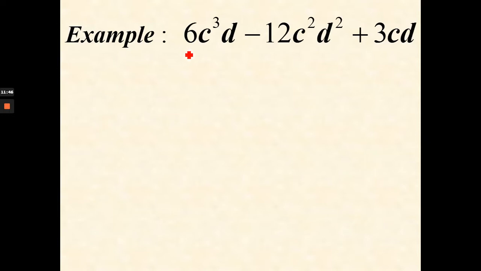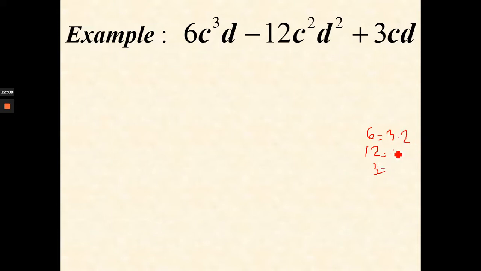To further understand this, we need to consider this one. First, you need to identify the greatest common factor. Based on our previous step, we list down the coefficients: 6, 12, and 3. The factors of 6 are 3 times 2.